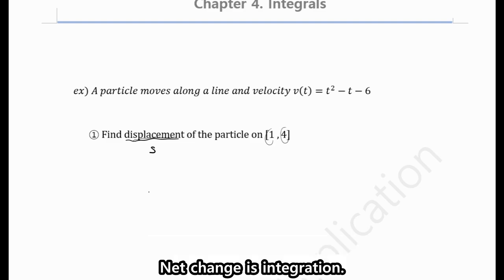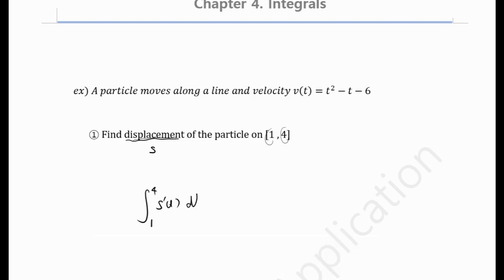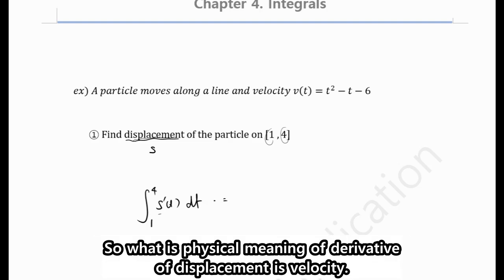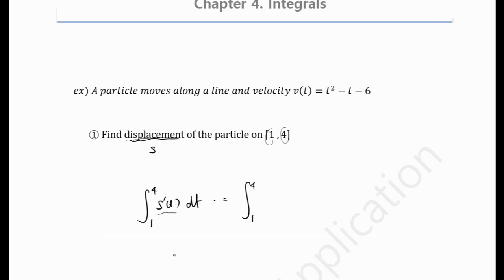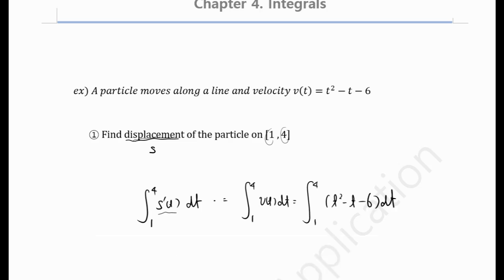If we let displacement be s, its net change is the integration of the rate of change of displacement from 1 to 4, dt. The physical meaning of the derivative of displacement is velocity. This is v(t) dt. So we integrate from 1 to 4 of t squared minus t minus 6 dt.